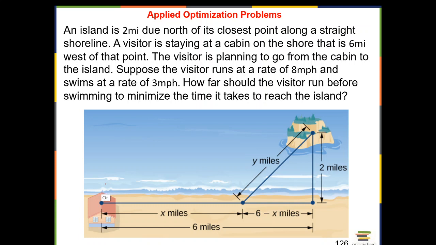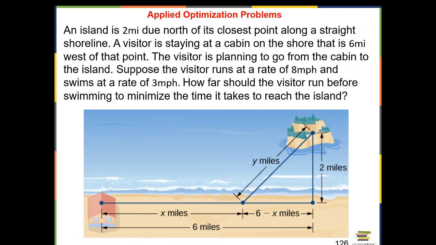Now the question is, should the person just swim all the way to the island, or should he or she run for a certain distance and then swim? How can the person minimize the time it takes to get to the island? And that's not an obvious answer. There's no obvious answer here.